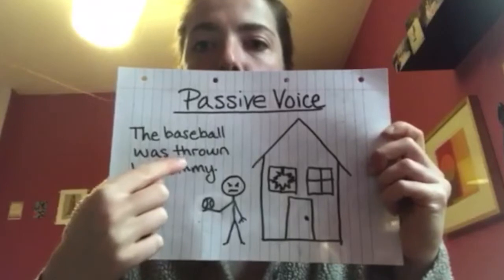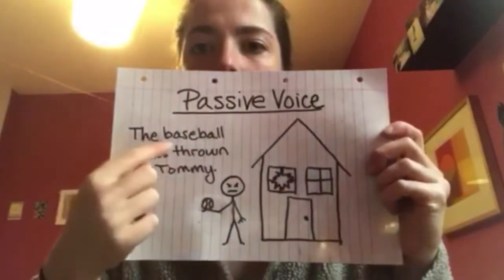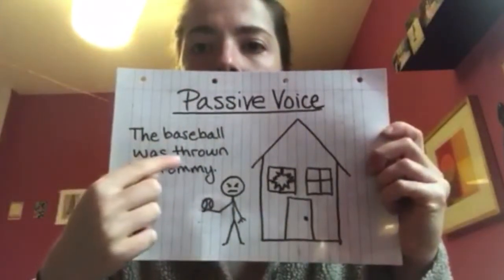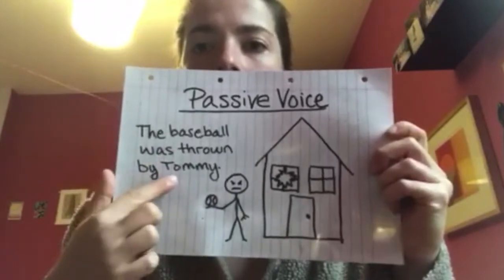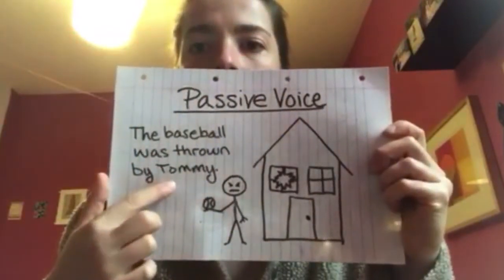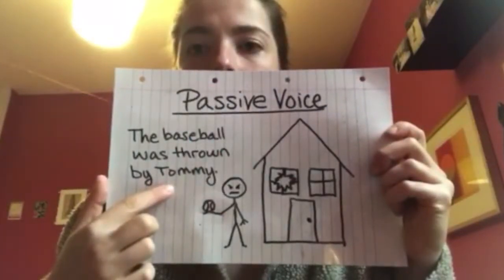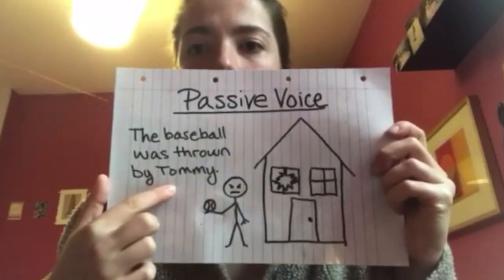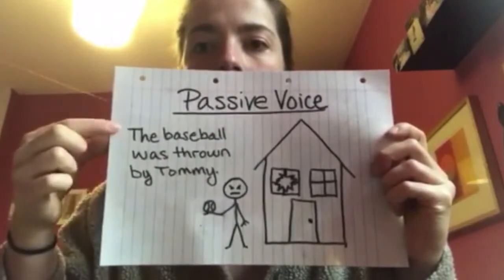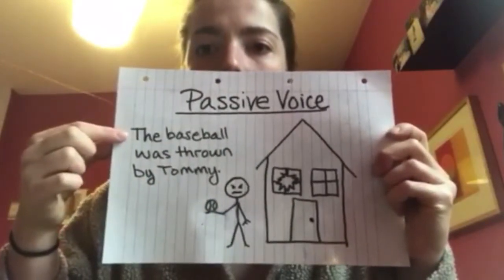Throw, threw, thrown. The baseball was thrown by Tommy. Tommy is the subject, so he goes at the end instead of at the beginning, because what's more important now is the baseball. Let's review the structure with the examples we have now.